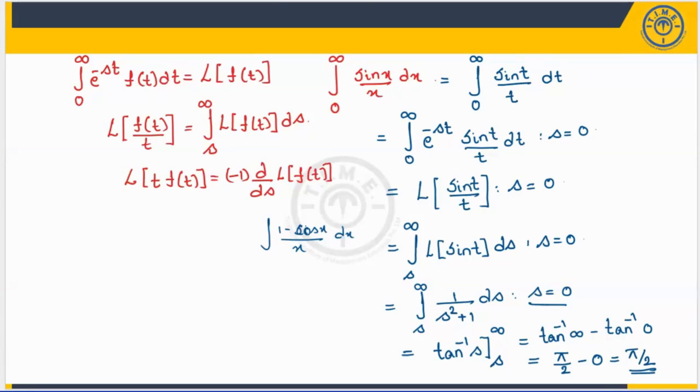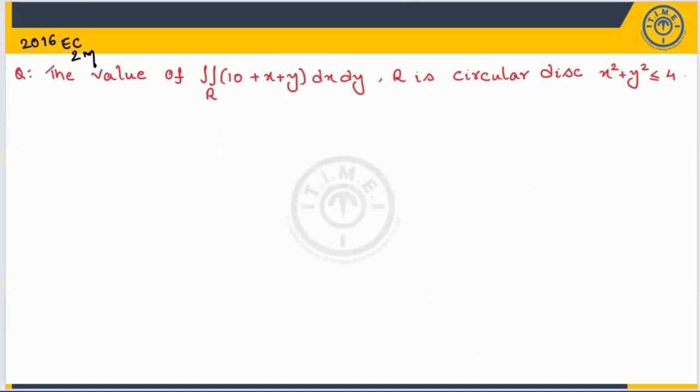Right then. Now, I told you whenever you are discussing a double integral with a circle, I ask you to go for what? Polar coordinates. Always remember, whenever the region R is a circular region in double integrals, go for polar coordinates.